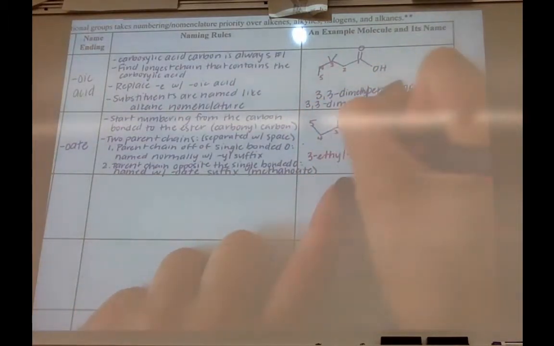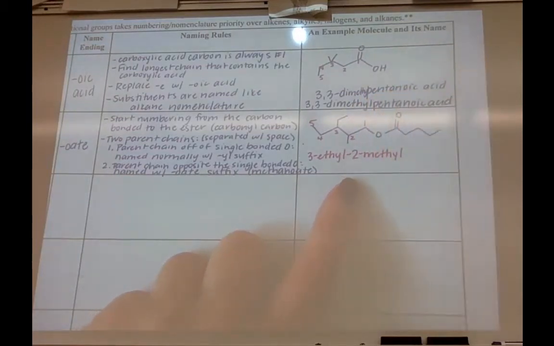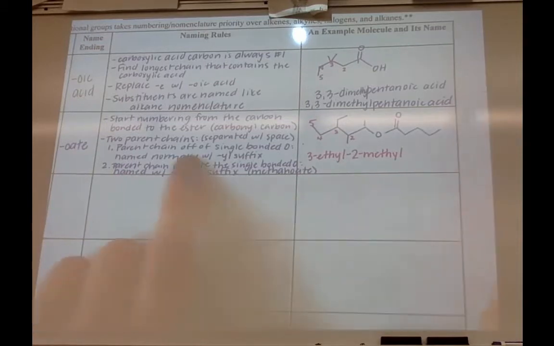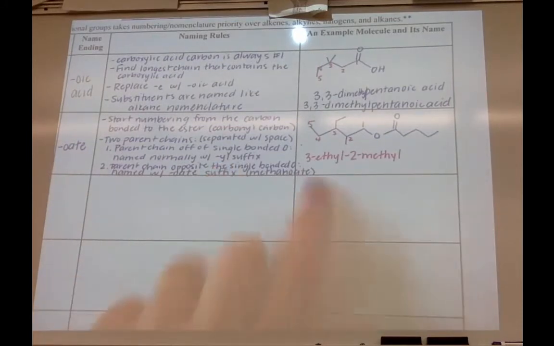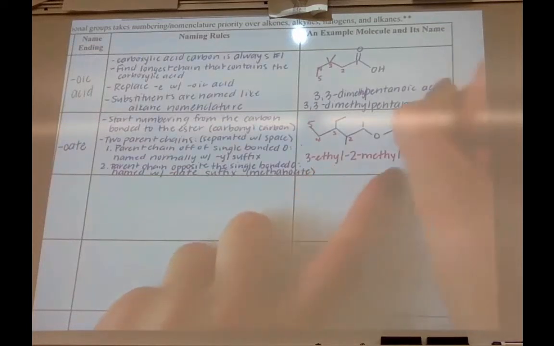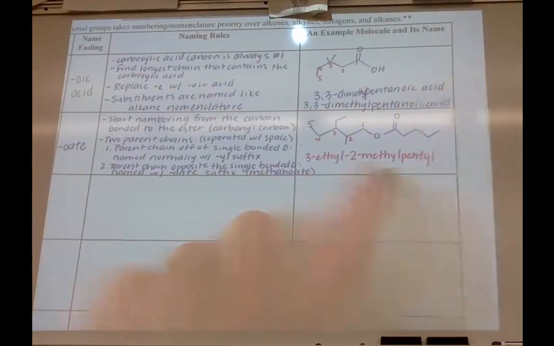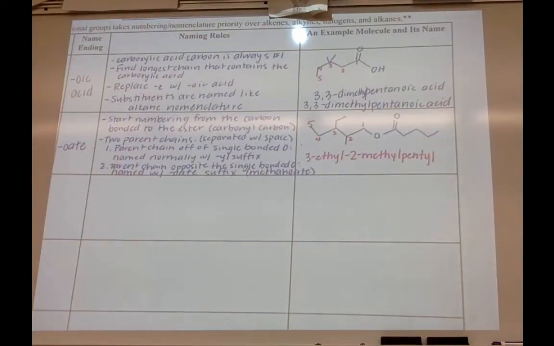Then comes methyl, 2-methyl, and normally we would just say pentane. But if we look back at the naming rules, we name it normally, but we put YL at the ending instead of ANE. So it's going to be 3-ethyl, 2-methyl, and instead of pentane, it's pentyl. 3-ethyl, 2-methyl, pentyl.